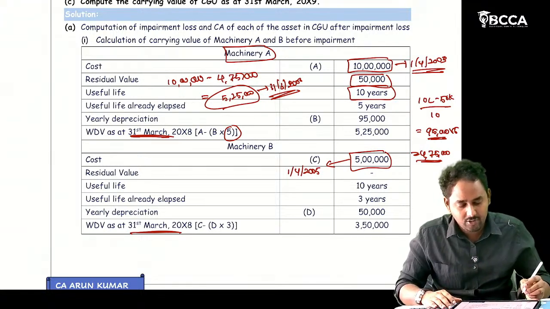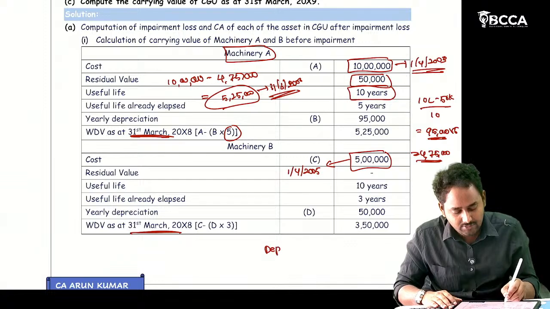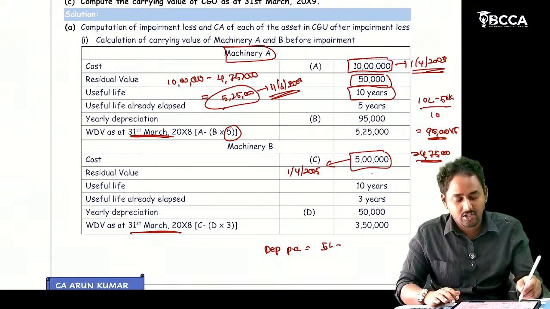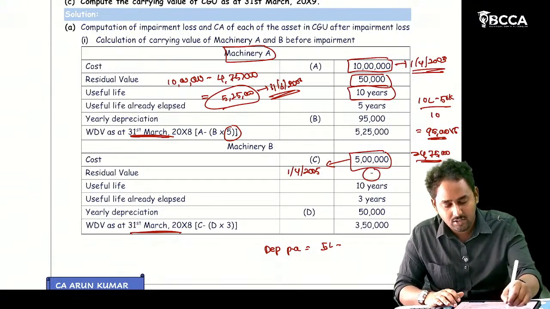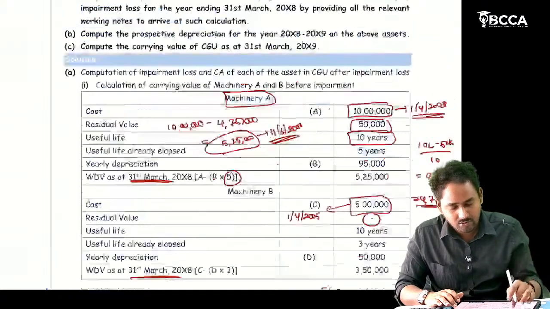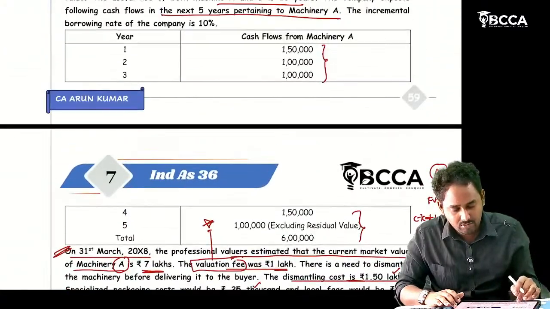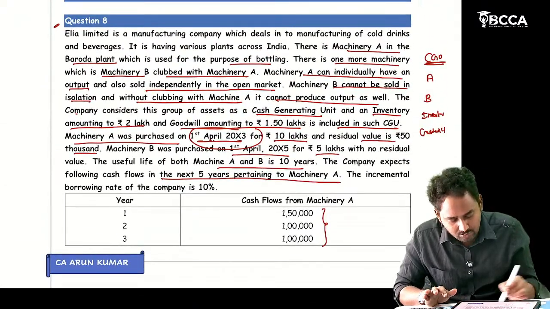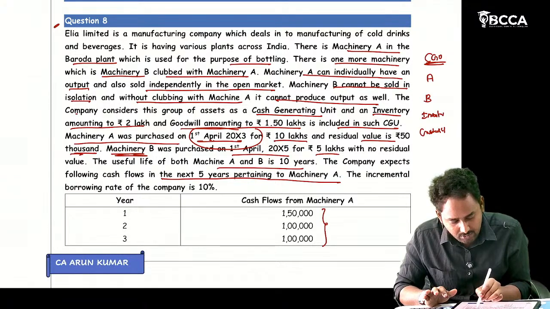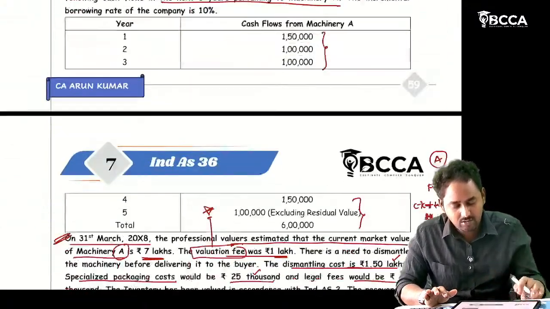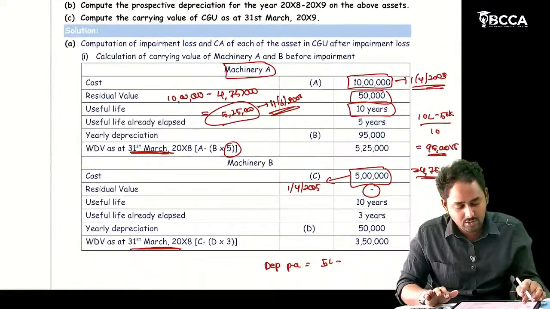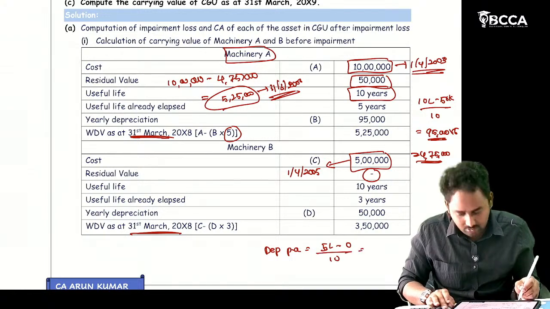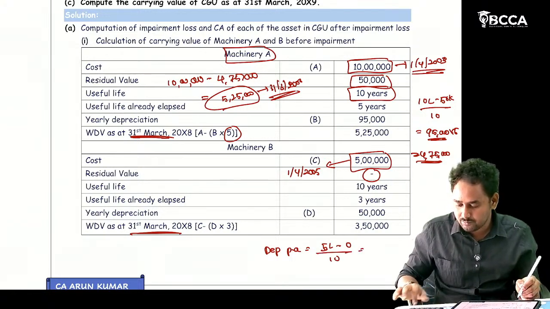So let's find out the depreciation per annum. 5 lakh rupees. What is the residual value? The machinery B residual value is 0. Machinery B with no residual value. 5 lakh minus 0 divided by 10 years equal to 50,000.